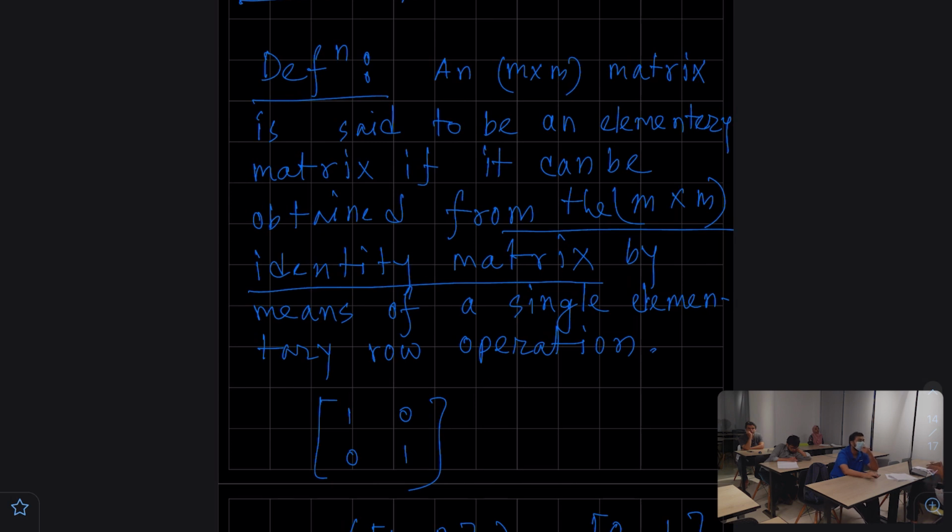We are interested in this type of matrix that you can form from the identity matrix. You can take some other form of matrix, but those are not defined as elementary matrices. The definition of the elementary matrix is that you take the elementary row operation on an identity matrix.